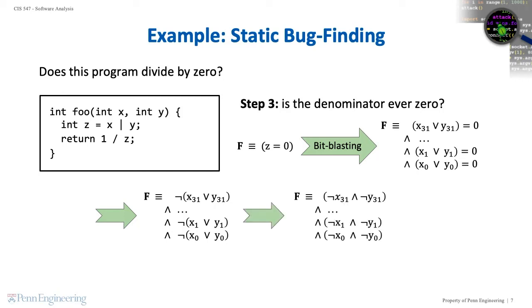We then apply De Morgan's law that the negation of a disjunction is the conjunction of the negations. At this point, we have a CNF formula which is satisfiable if and only if the original C program divides by 0 on some input x and y.